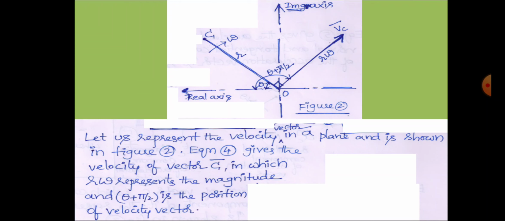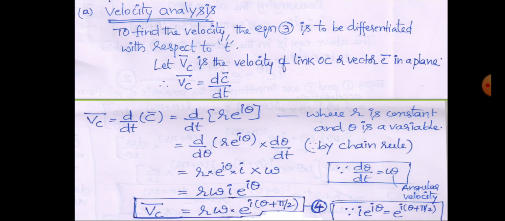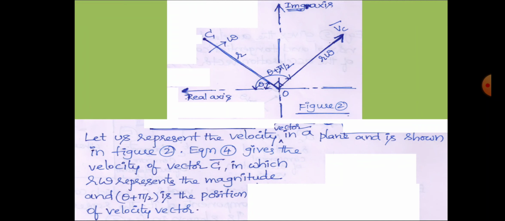Now if I want to represent the velocity vector, its magnitude is r omega, and its position makes an angle of theta plus 90, that is pi by 2. Already the position vector is making theta; if I add 90 to this theta, then the velocity vector will be exactly perpendicular to the displacement vector, or the position vector.